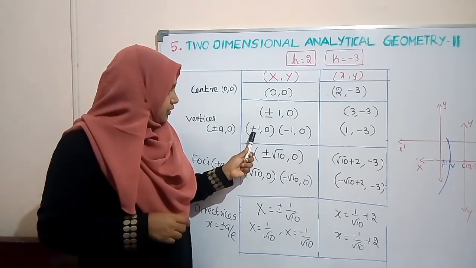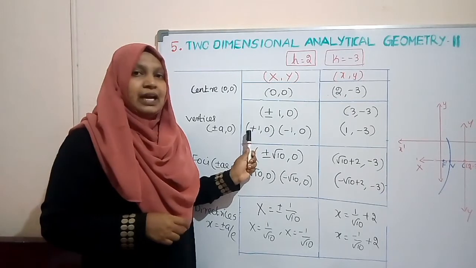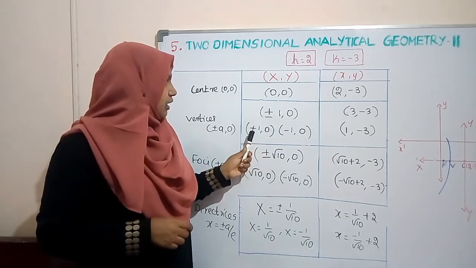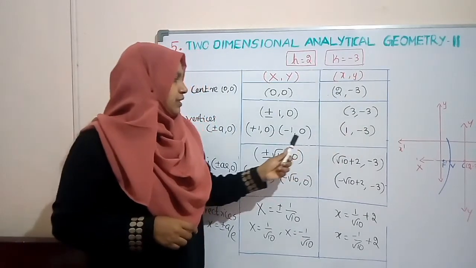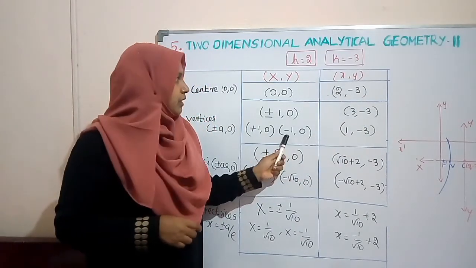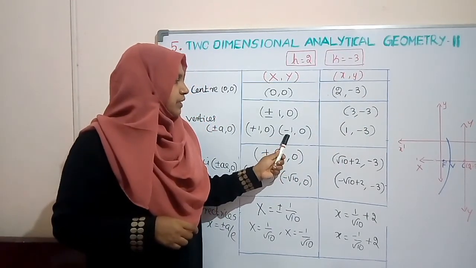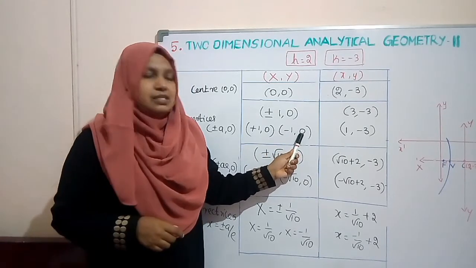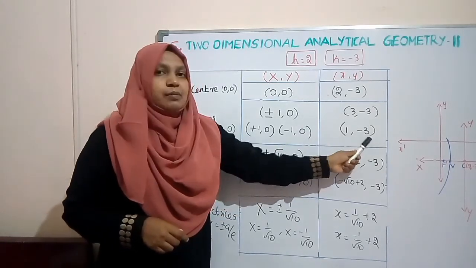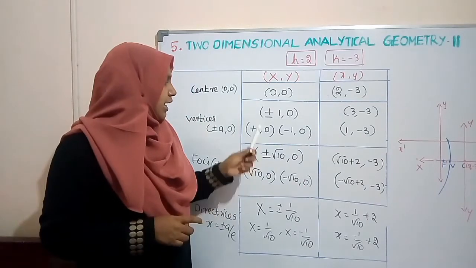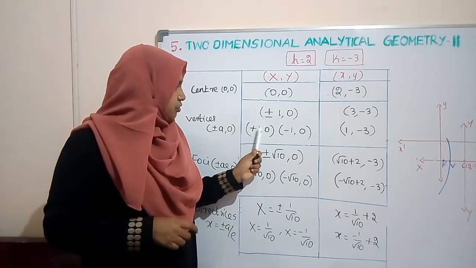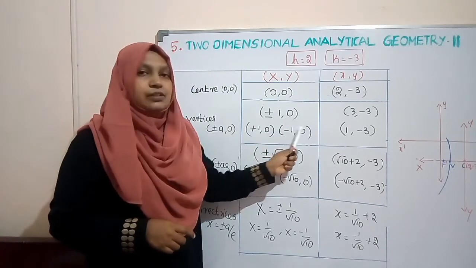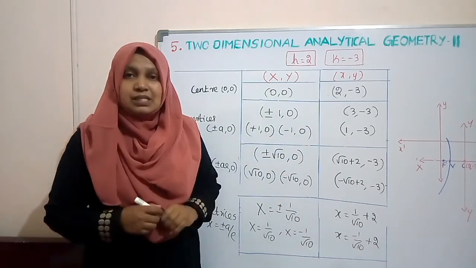Then consider this 1 comma 0, add h and k with this. That is 2 and minus 3. You are getting 3 comma minus 3. Here also add 2 and minus 3. That is 2 with minus 1, add 3 with 0. So you are getting 1 comma minus 3. Just add h with the x coordinate, k with the y coordinate. First you should consider 1 comma 0, again you should consider minus 1 comma 0.